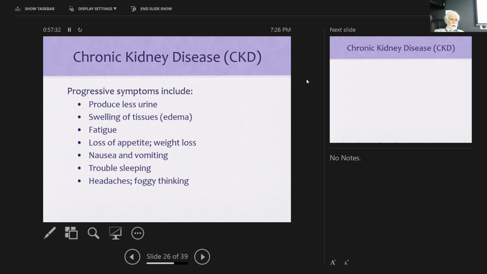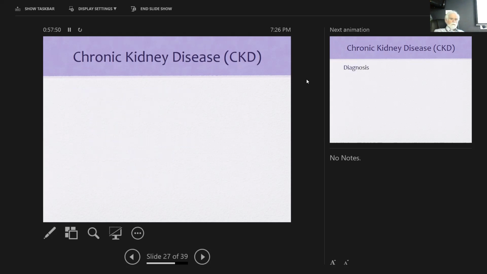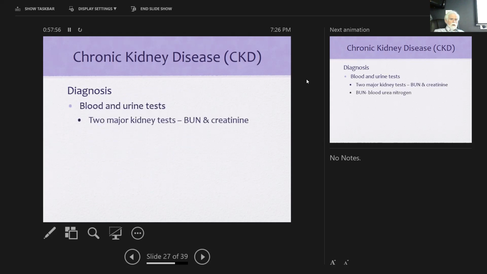There are plenty of tests that we can run, and we'll talk about a couple of them later, that tell us something about kidney function. But let's go down to this bottom one, headaches and foggy thinking. And that's probably because of the buildup of the toxins with the kidneys not being able to get rid of them. So we have blood and urine tests.